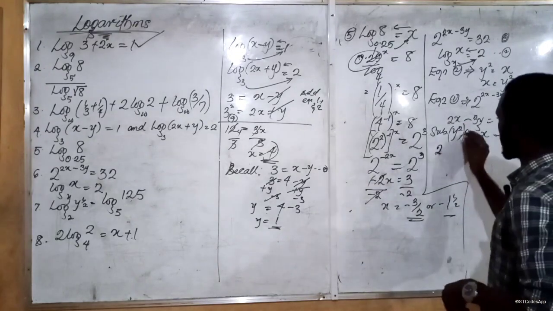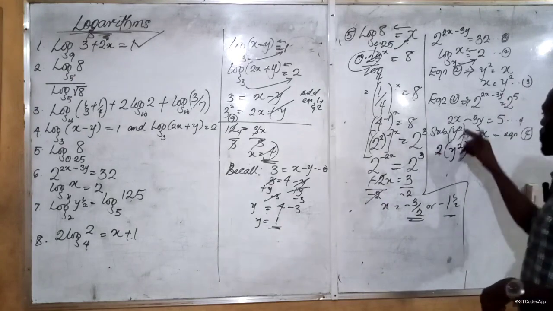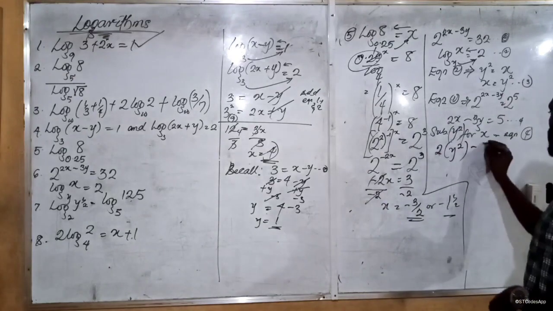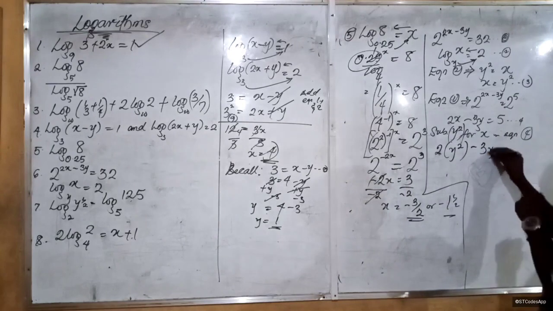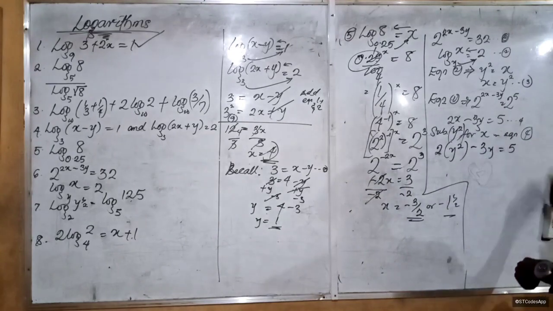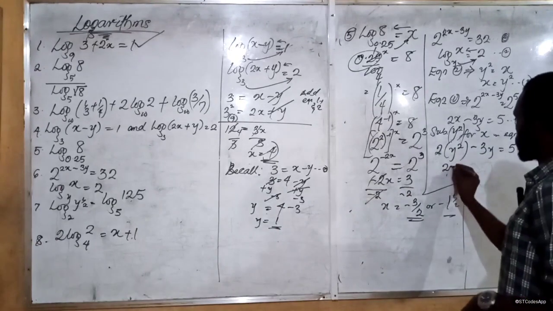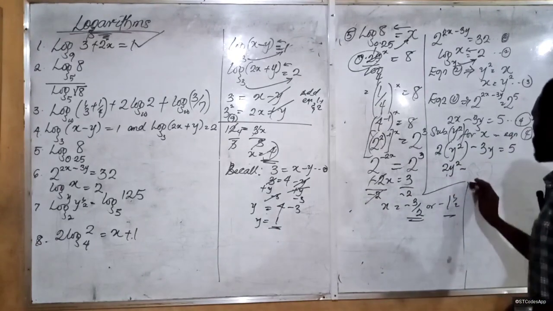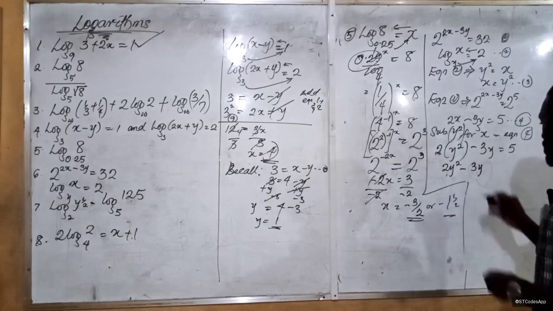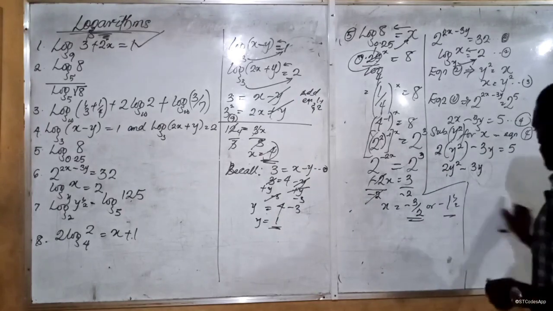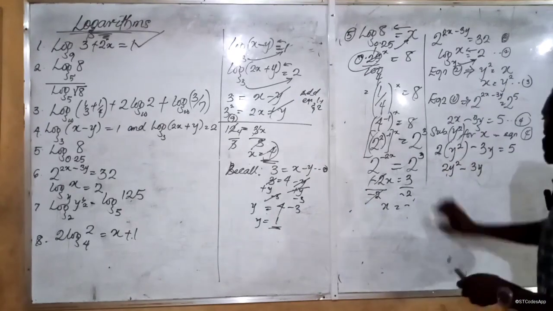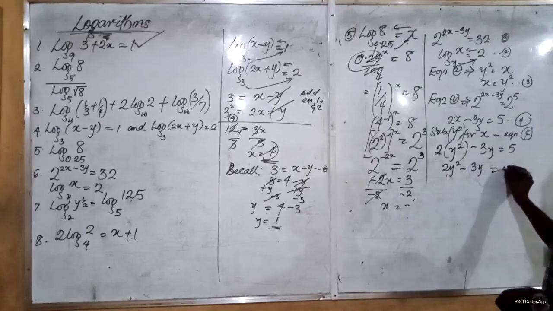Anywhere I see x, I put y squared. Is that okay? x is here, so I put 2 times y squared minus 3y equal to 5. So this becomes 2y squared minus 3y is equal to 5.